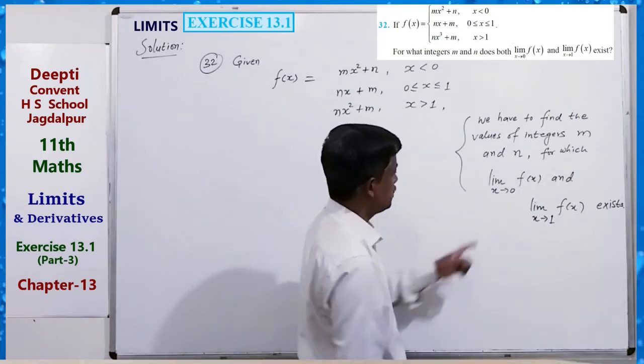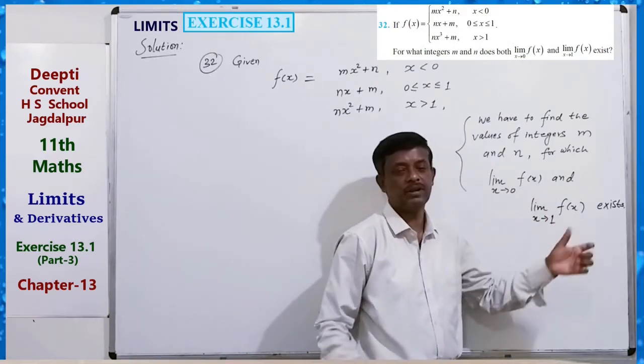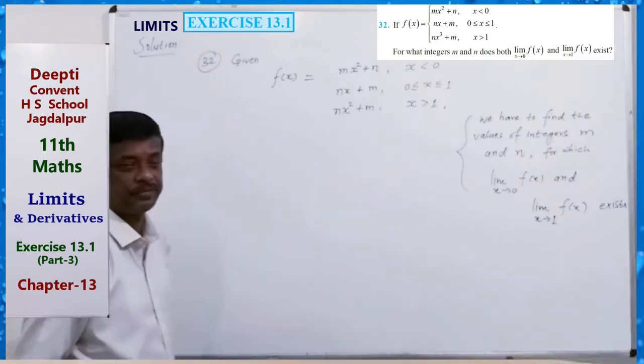So for existence of this limit, the left hand limit and right hand limit should exist. So first case.